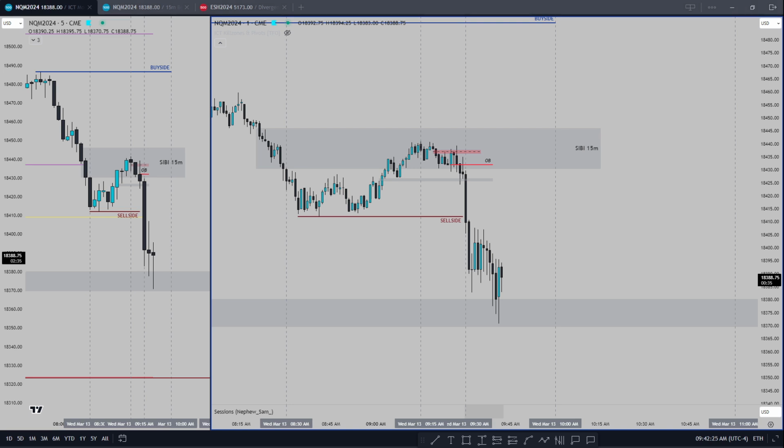Let me send a screenshot really quickly of the futures trades. So there's the execution if you want to look at that.